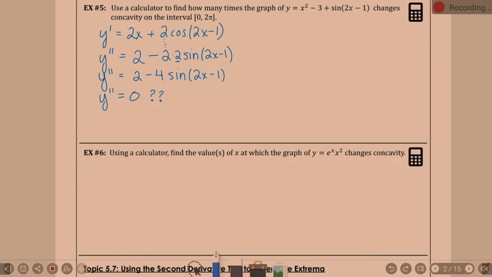How can my calculator make life really easy right now? Grapher. And what are we going to look for in that graph? Zeros, because we want to know when our second derivative equals 0. So we're going to graph the second derivative and look for our zeros.